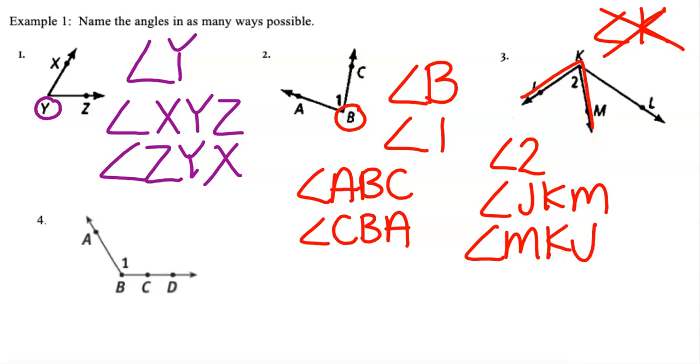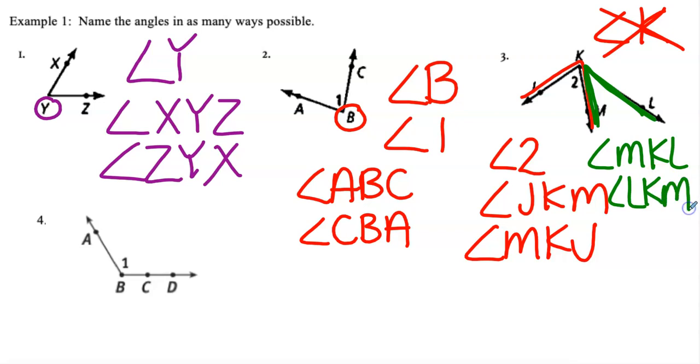In another color, in green, I'm going to name this angle. So there's no number, so I can't have a number. So I use my 3 letters, M, K, L. And then flip it, reverse it, L, K, M. Okay? There's only 2 ways to name this right angle. There are 3 ways for this red one, and then there's a very big angle over here. I'll do it in blue.